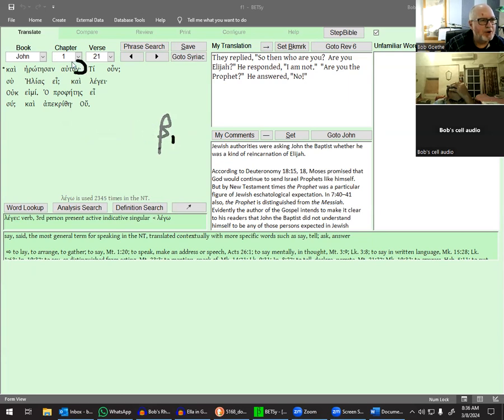So our Greek texts do not use commas. They use dots. So you can see, and he answered, and then you have the comma. So that's like the dot, and then no. And so that just ends in a period.